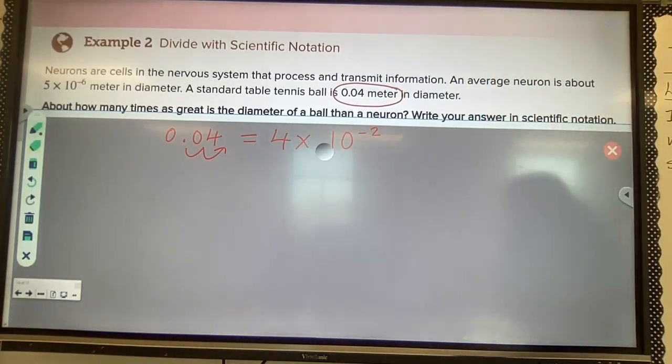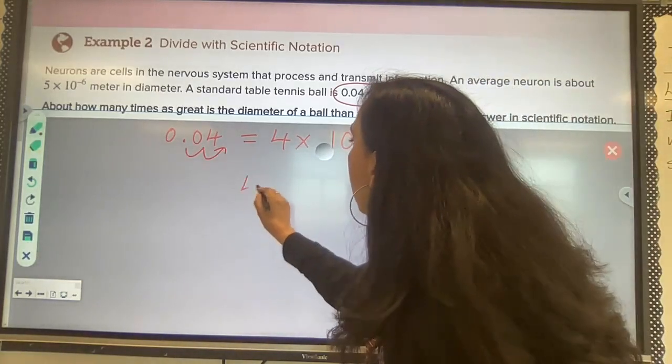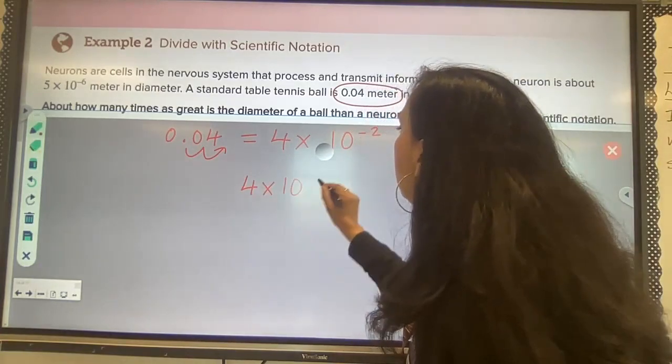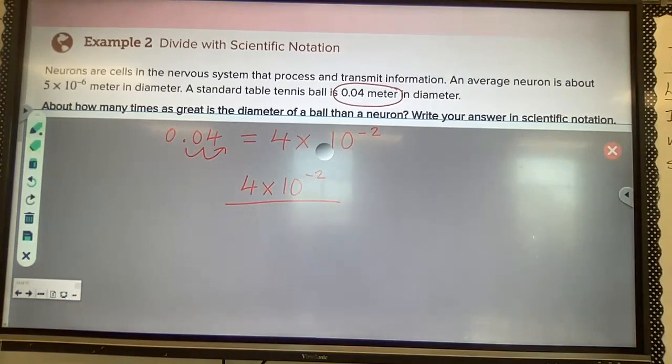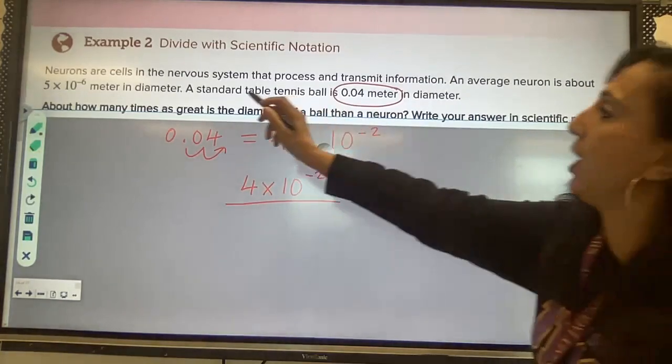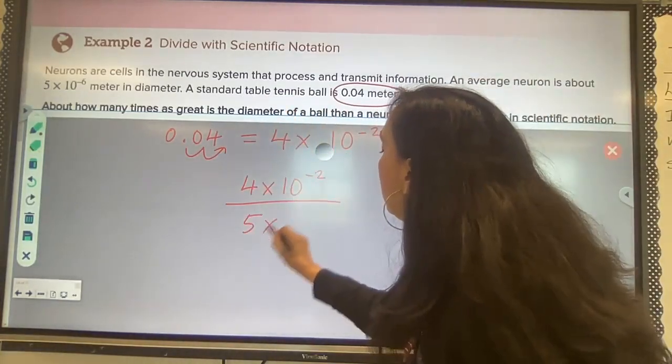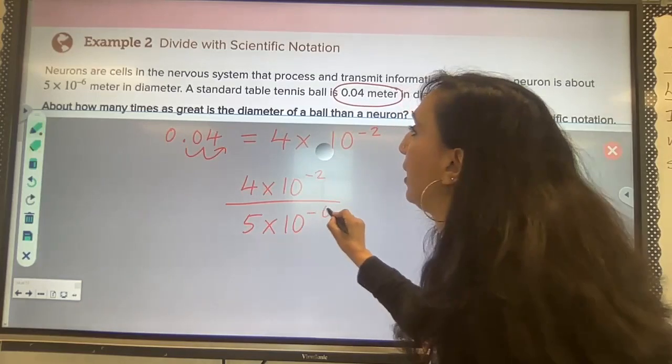Okay, and then we're going to divide the diameter of the ball by the diameter of the neuron. So if I'm doing that division, I have 4 times 10 to the power of negative 2 over 5 times 10 to the power of negative 6.